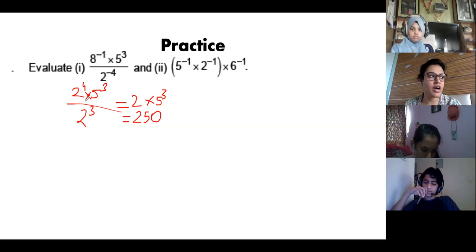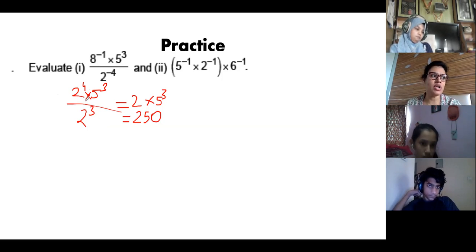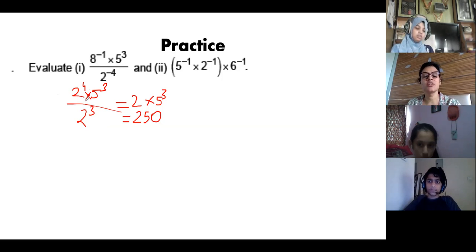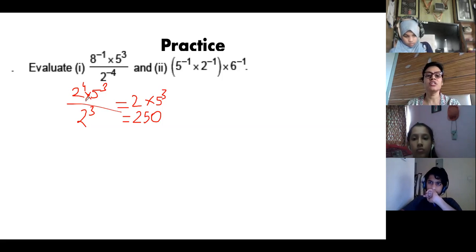But why do you want to do so many multiplications? See, why are we doing it? When you do a number of multiplications, you tend to make mistakes. So whenever we are doing simplification, try to do the least calculation, because the more calculation you do, the more probability of making a mistake.